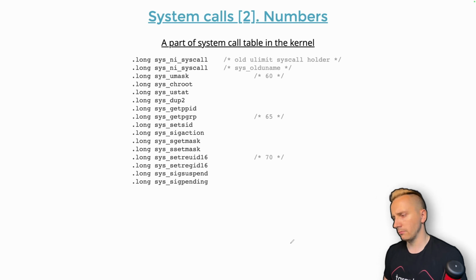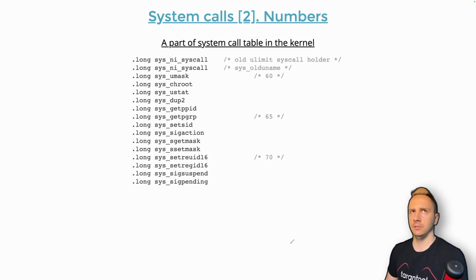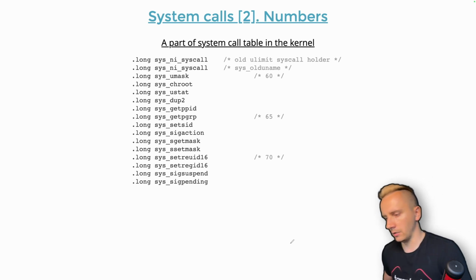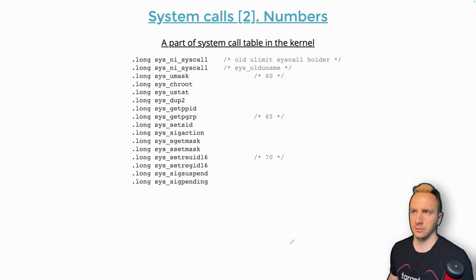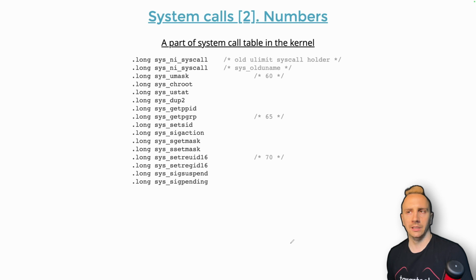And when user space wants to invoke a system call inside the kernel, the process will tell the kernel the number of the system call which it wants to get executed. Not a name. Those system call names are just for us. The communication with the kernel goes at a much lower level than that.